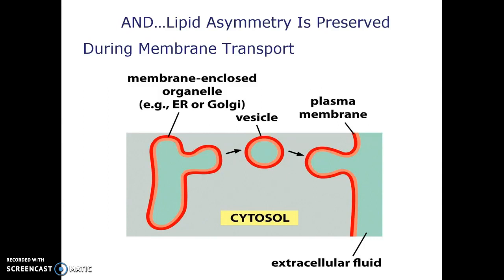So these phospholipid bilayers start off in the smooth ER.